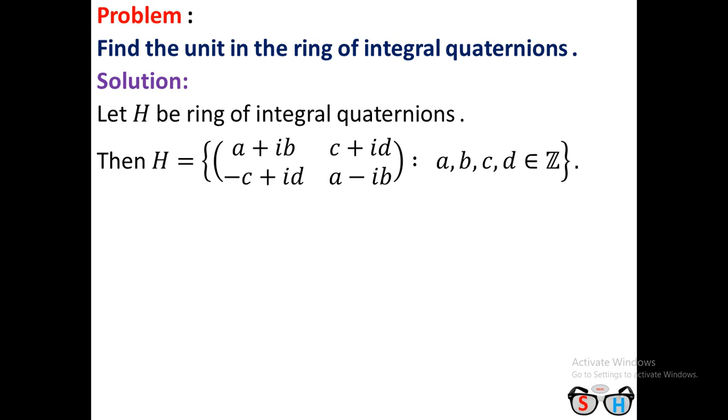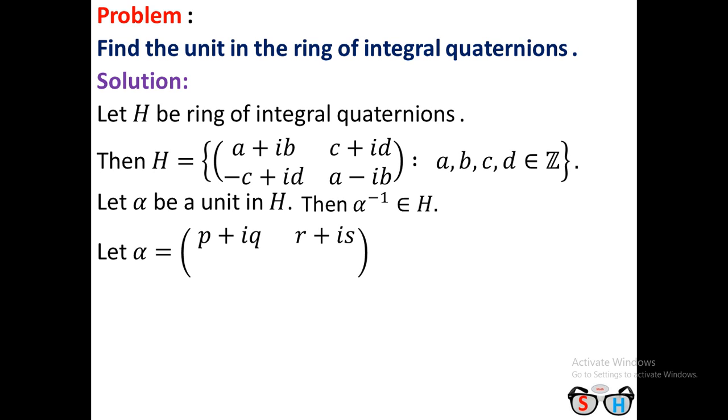However, we find units in the mentioned ring, the integral quaternions. For that purpose, we consider an element alpha. Suppose alpha is a unit in H, then obviously alpha inverse exists in H. Let alpha equal P plus IQ, R plus IS, minus R plus IS, P minus IQ. That is, we take a matrix in that form.